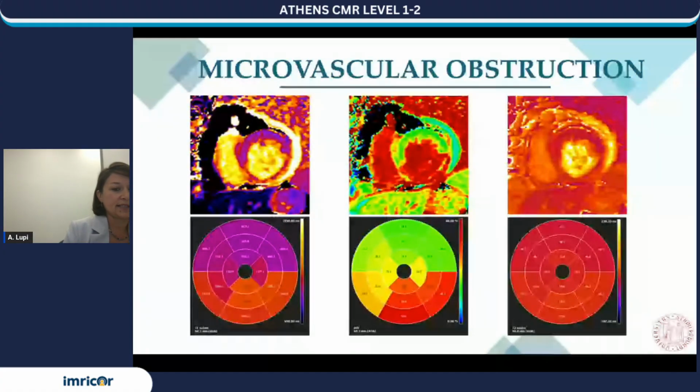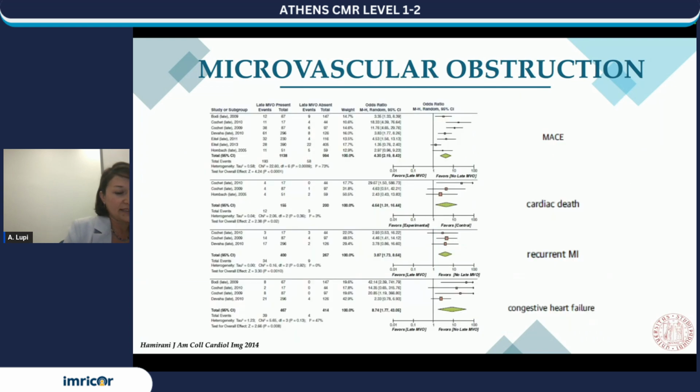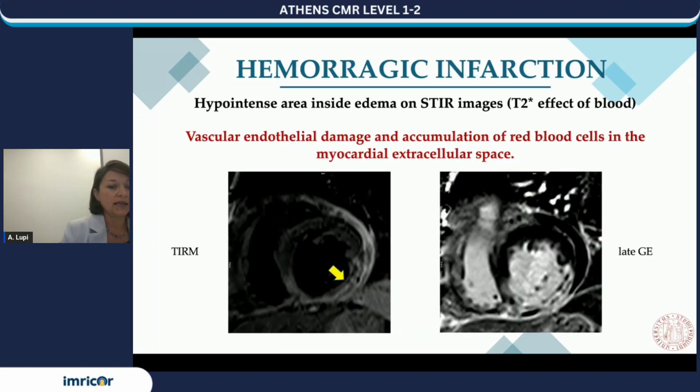In this case, it was very useful also, for exemplificative purposes, the mapping. And also this data have, of course, an important role in, again, not only diagnosis, but also in prognosis of this patient.